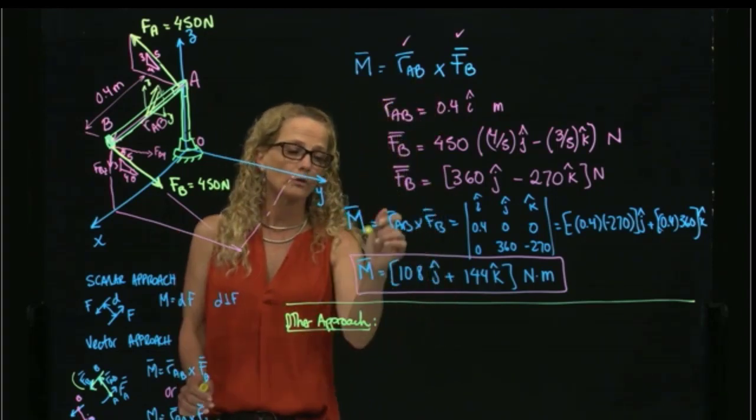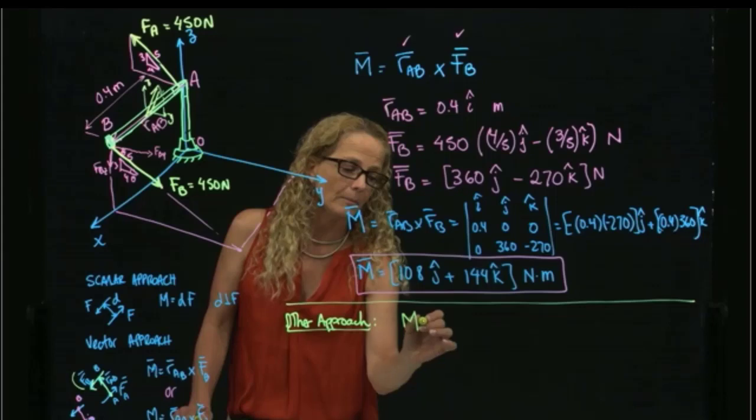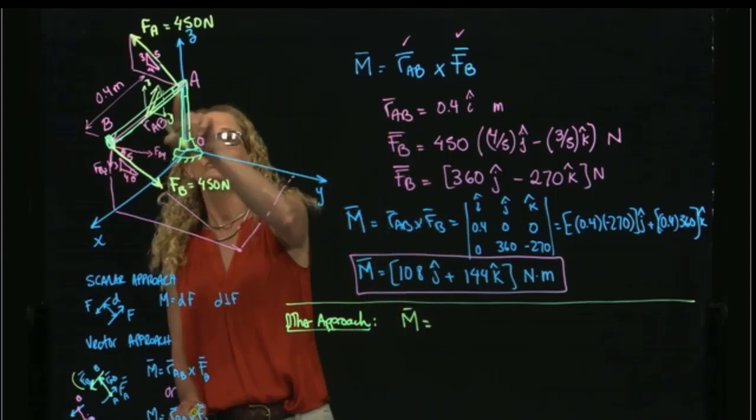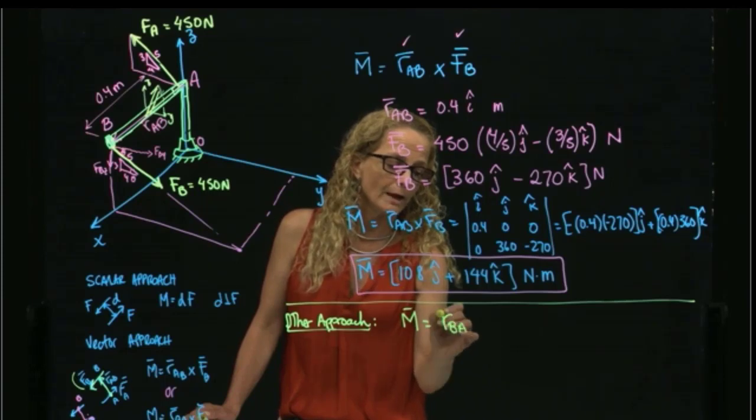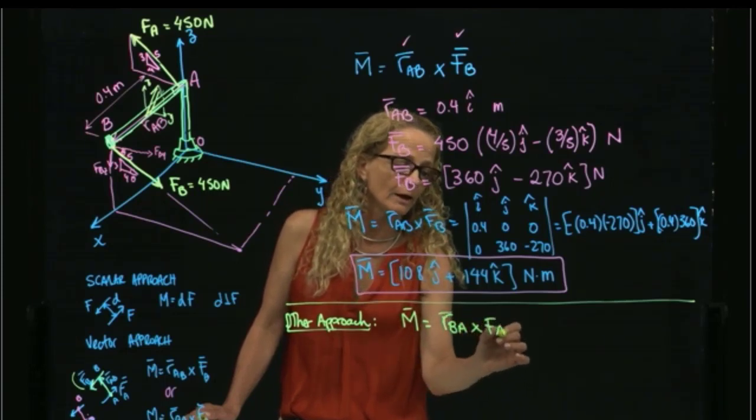But if you want to use the other approach, M equals, now I go in the opposite direction, from B to A cross FA.